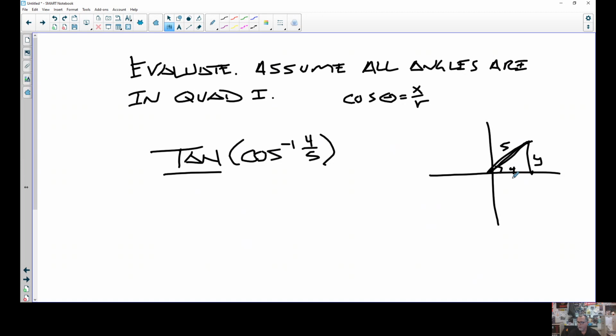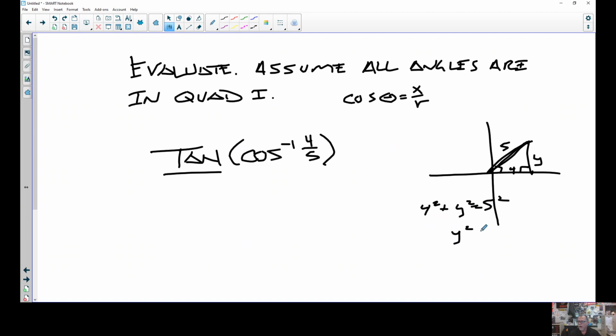Well, if I have this, I can use the Pythagorean theorem, or I could know that this is a 3, 4, 5 triangle, right? We have certain triangles like 5, 12, 13s and 3, 4, 5s that are right triangles that show up again and again. But if all else fails, I could have said 4 squared plus y squared equals 5 squared.